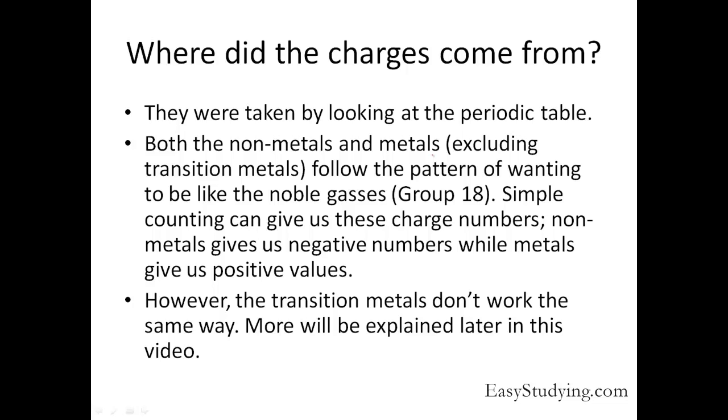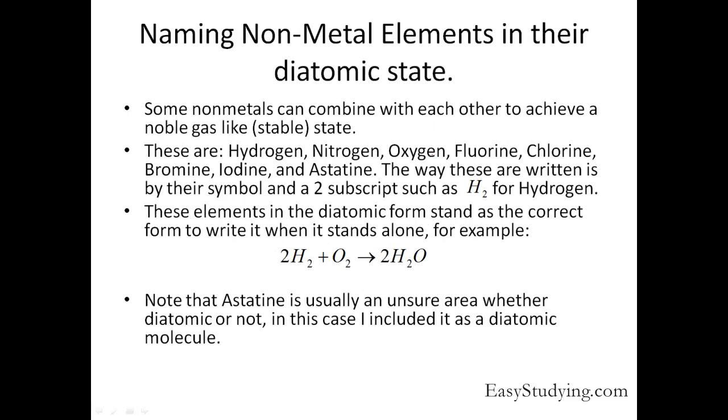However, transition metals do not work the same way. I will be talking more about transition metals later in this video. Some nonmetal elements form a diatomic state. These nonmetals combine with each other in order to achieve almost a noble gas-like, more stable state.